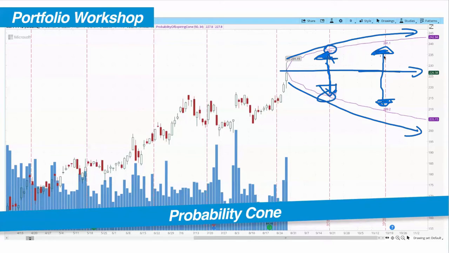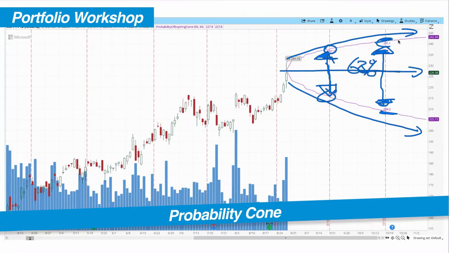So we've got 2 time points marked off here. Relative to time and normal expectation, price is going to be at the outer edges of that certain percentage of time. We know that it's going to be inside the cone 68% of the time.